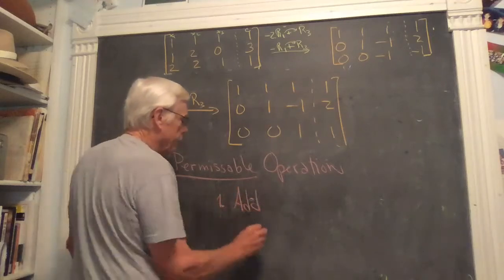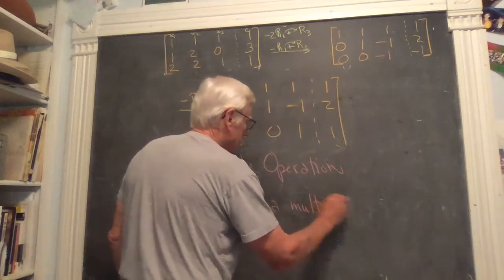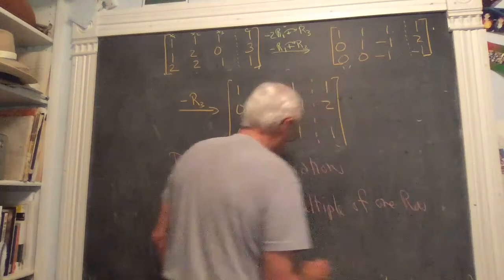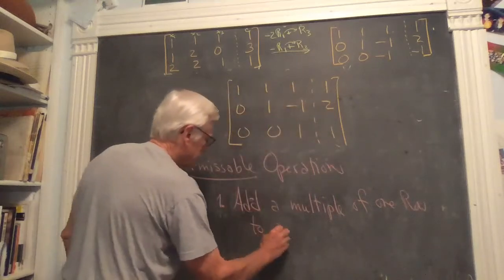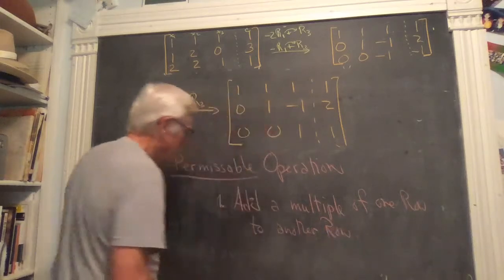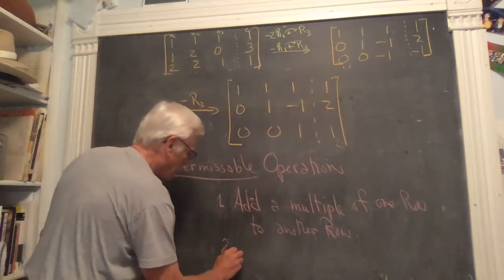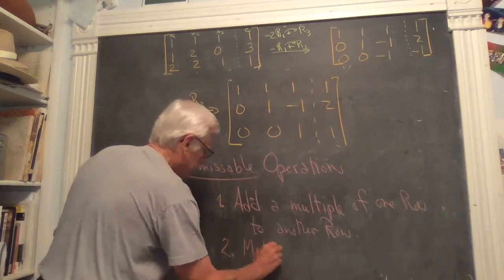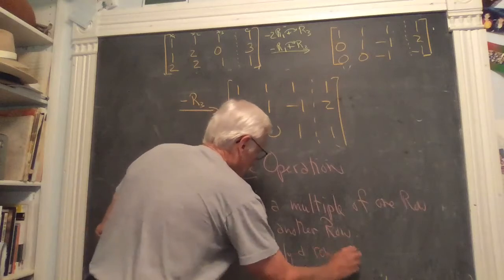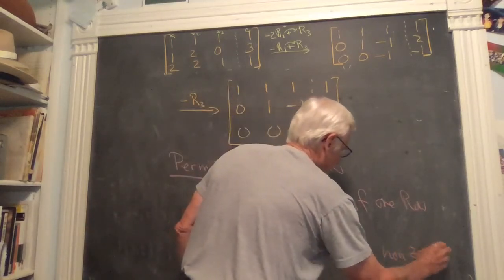The one that's used often is add a multiple of one row to another. This represents adding a multiple of one equation to another, equals added to equals. Multiply a row by a non-zero number.